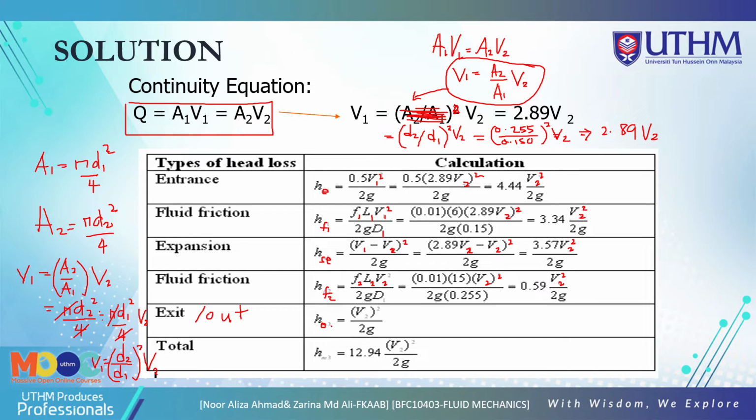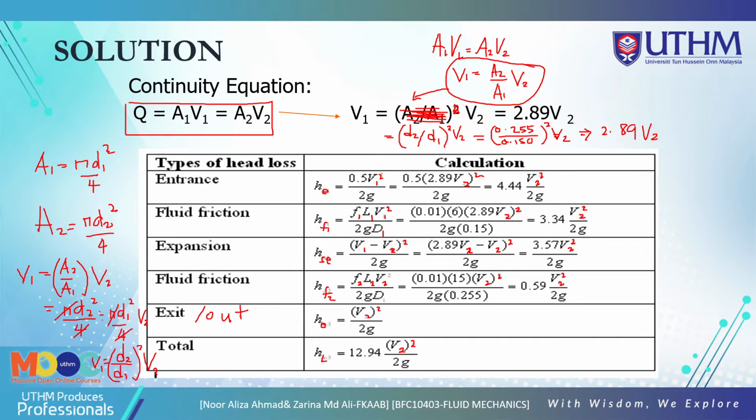And the H out or H exit, you get V2 squared. So you total up the head losses, the total head loss. So you get 12.64 V2 squared over 2G.